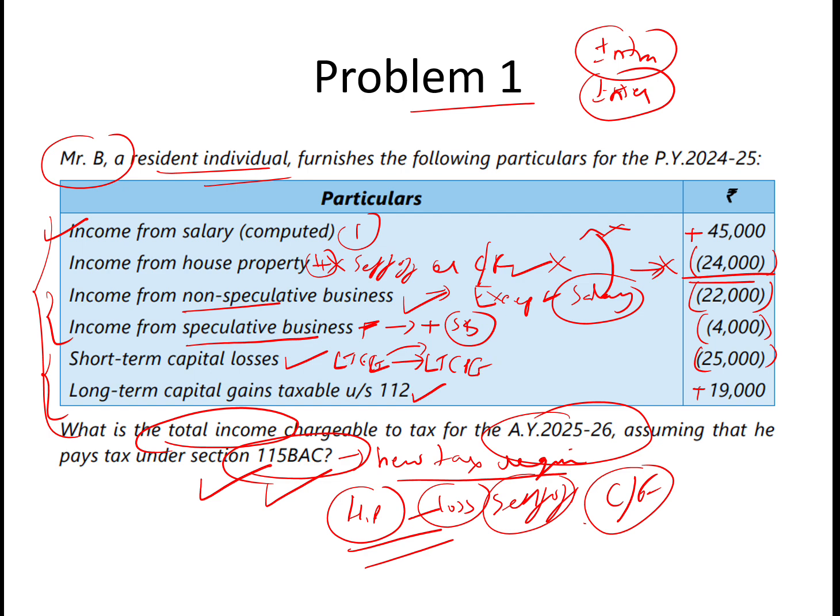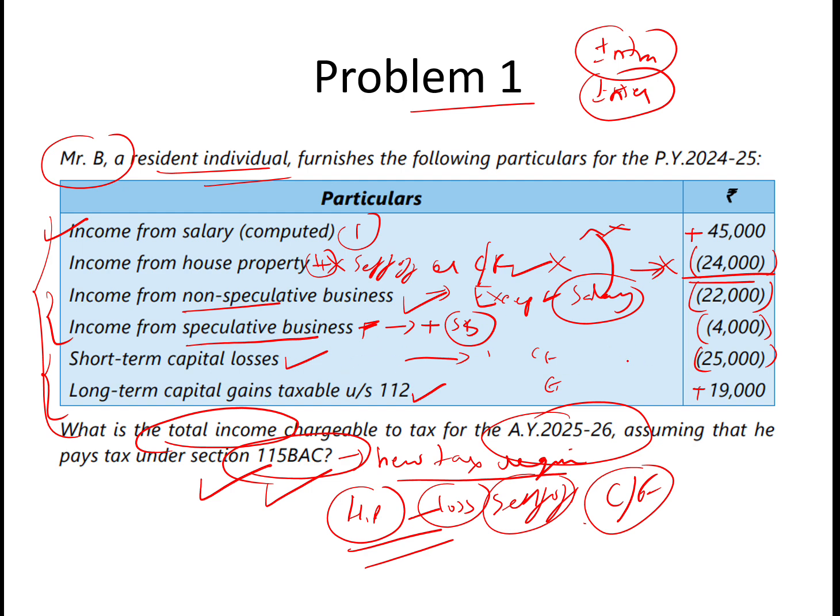But whenever there is a short-term capital loss, it can be set off against short-term capital gain, and you can set it off against long-term capital gain also. Here we have a short-term capital loss and a long-term capital gain.